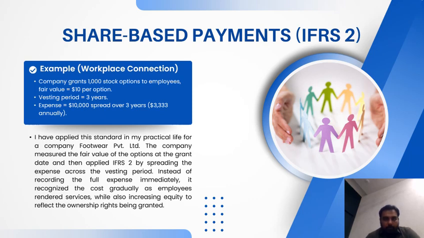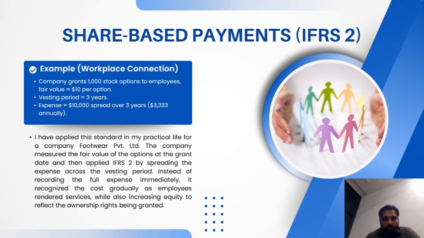For example, if a company grants 1,000 stock options to employees with a fair value of $10 per option, the total expense of $10,000 is spread over a 3-year vesting period. That means 3,333 is recognized annually.